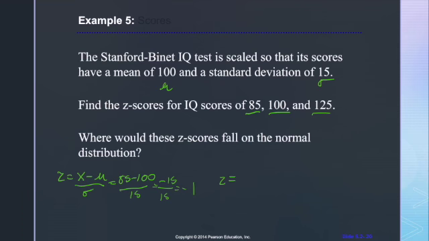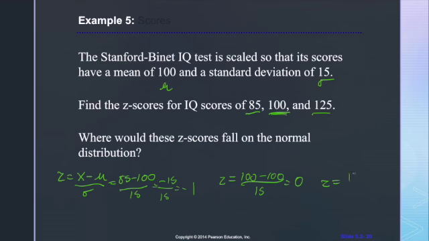Next, Z equals 100 minus 100, because 100 is the mean itself. Of course it's going to be 0 standard deviations away from the mean, right? 0 divided by 15 is 0. If I'm home, I'm 0 miles from home. So this makes sense.